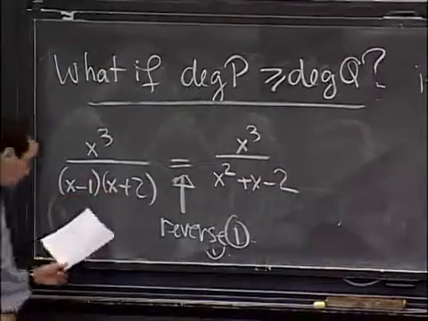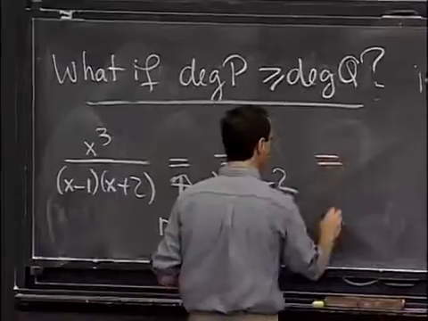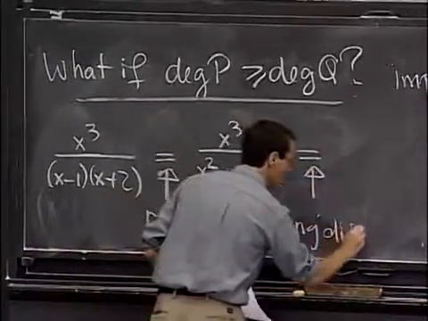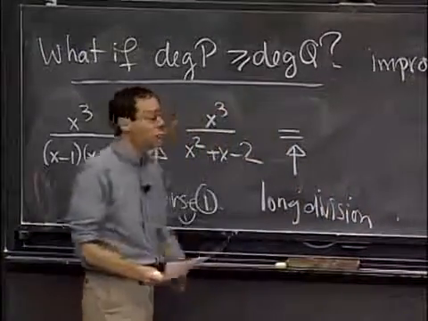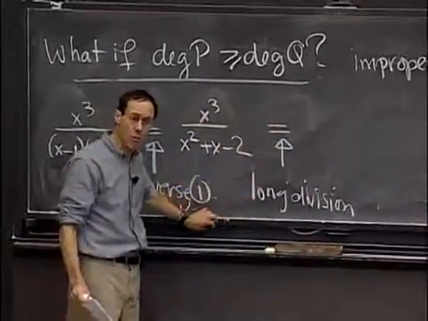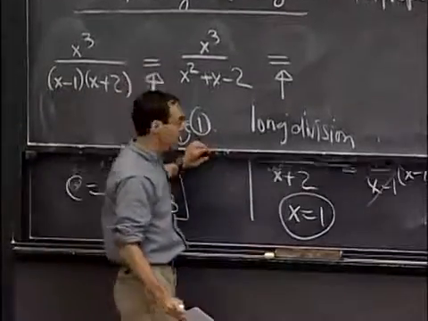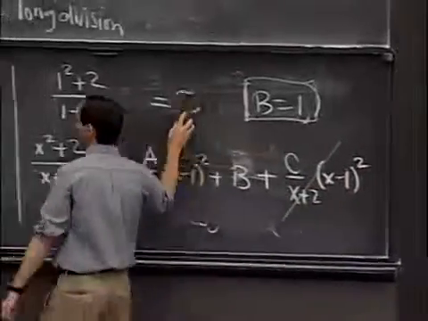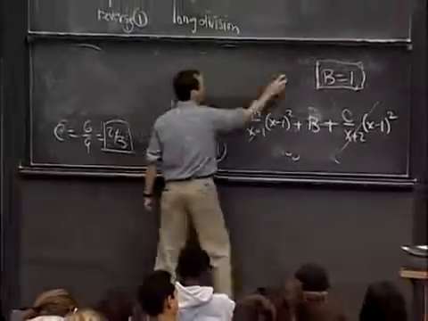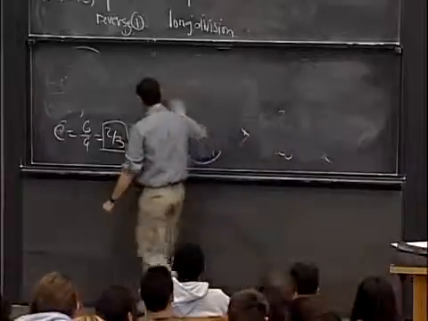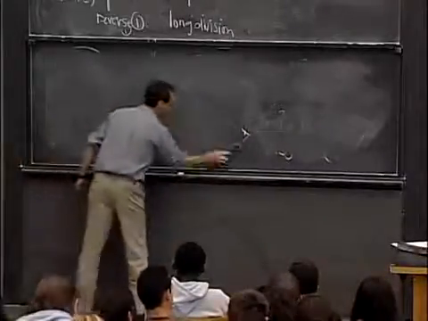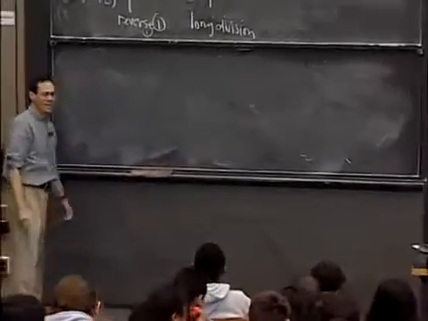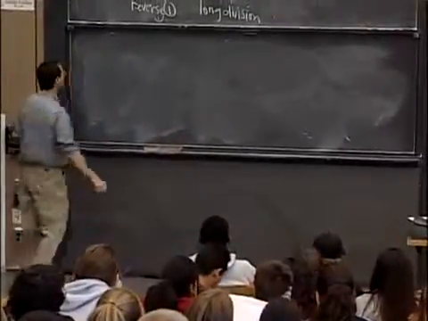Now, the next thing that I'm going to do is use long division. That's how you convert an improper fraction to a proper fraction. Now, this is something you were supposed to learn in, I don't know, grade 4, grade 5, grade 6, etc. Okay, so here's how it works in the case of polynomials.